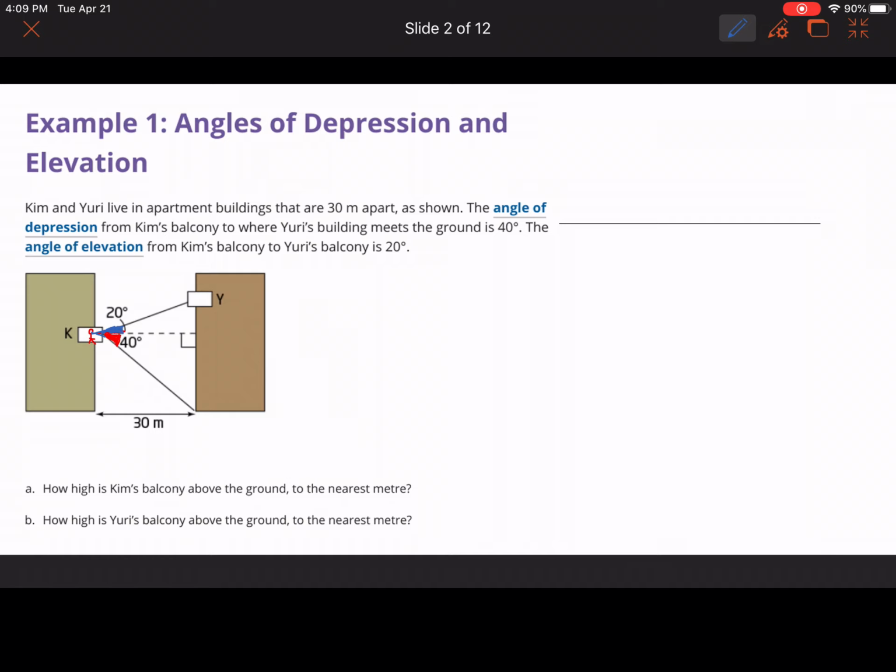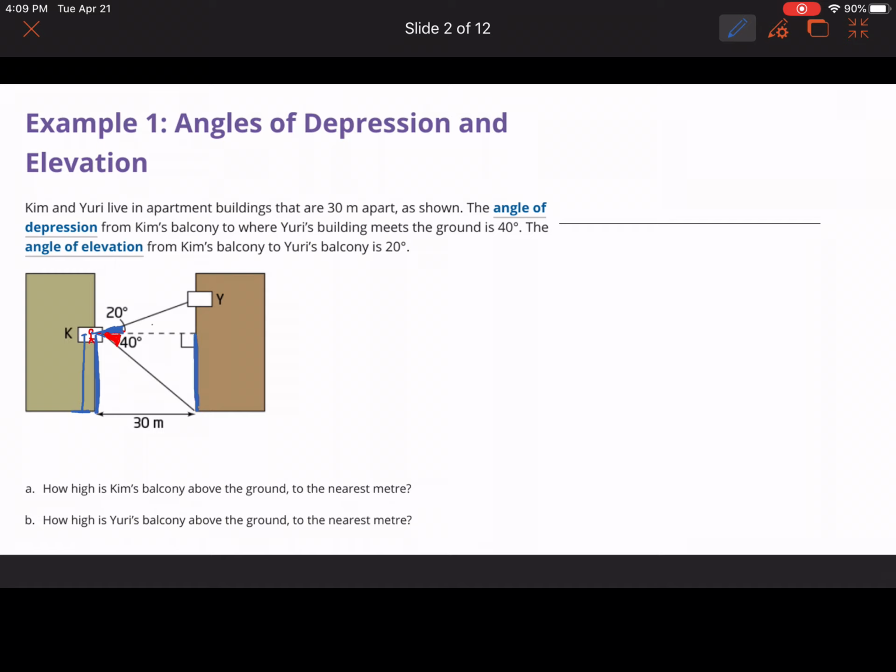So we've got some information here. First, we need to know how high is Kim's balcony. So what we're asked is, how high is that line? So what is this part of our triangle? Well, we know that is going to be the same as this. So we can do this two different ways.